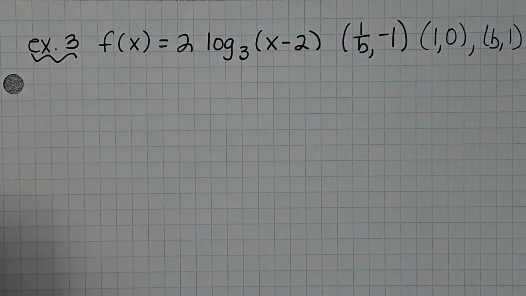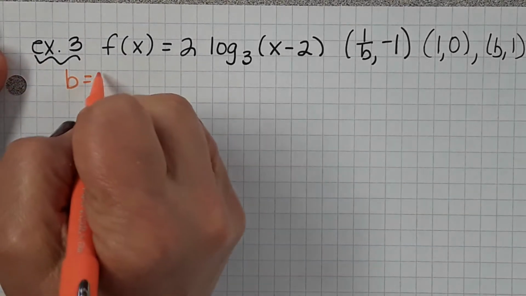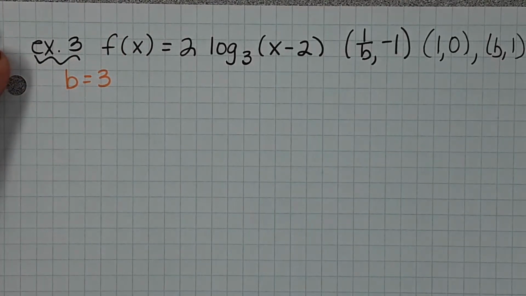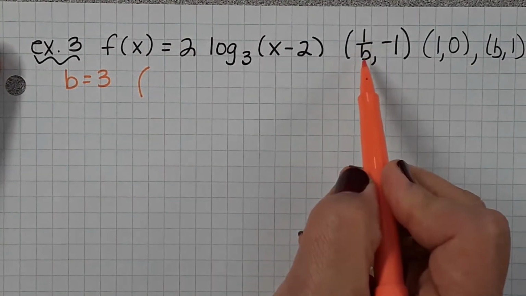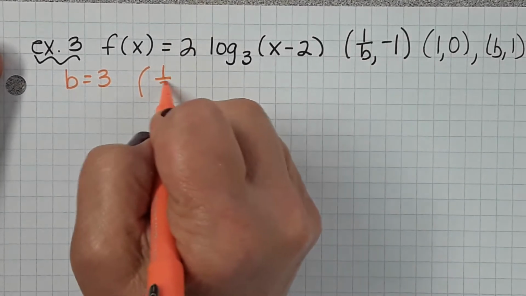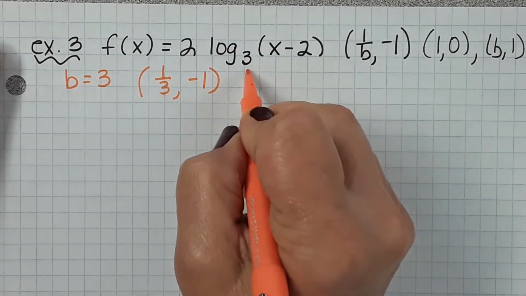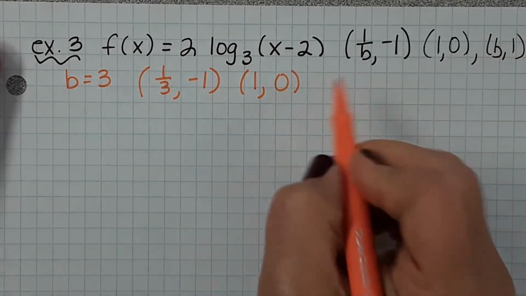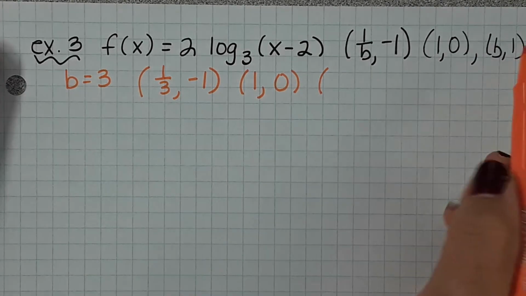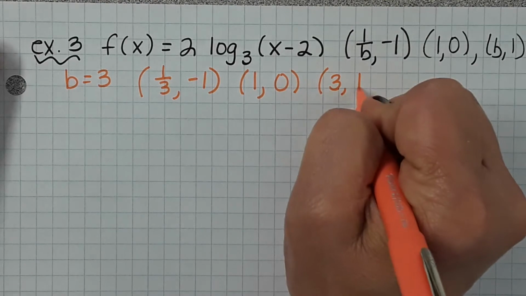So what is B in this problem? B is 3. So we're going to write our original ordered pairs. Do not try to do this all at once. So it is going to be 1 over 3, comma, negative 1, because it's 1 over B. The middle one doesn't have a B, so it stays the same. The last one is B, 1. B is 3, so we write 3, comma, 1.